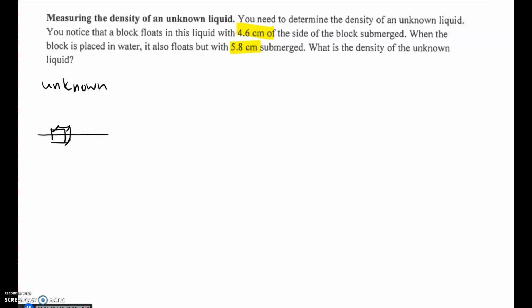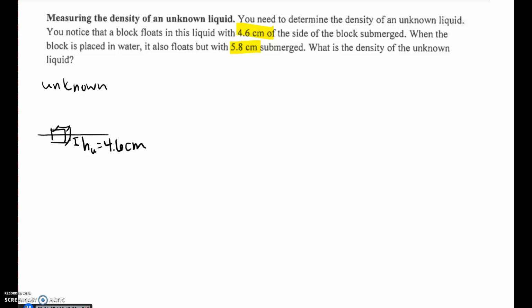So I'm drawing a cube, and that is partially underwater. And the height underwater, we're told in the problem, we'll call this height unknown. And that's 4.6 centimeters, which, yes, we will be converting to meters.